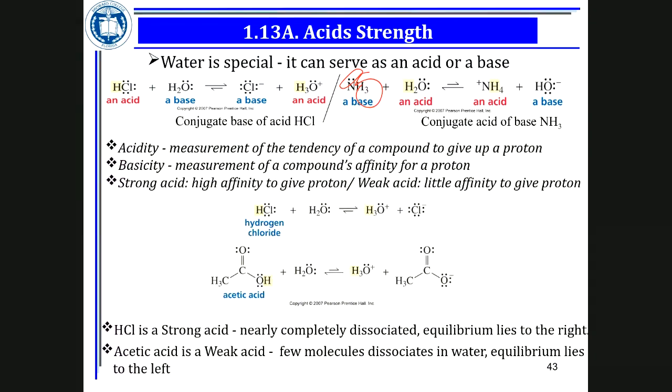If ammonia donates hydrogen, it is going to change to NH2 minus. NH2 minus is going to be a very strong base, because this is already a weak base. Removing hydrogen is going to make it a very strong base.